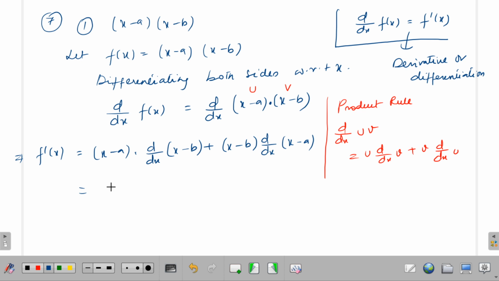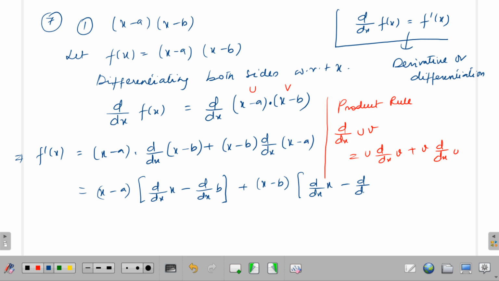Now, if I solve this one, I'll get here x minus a, and the next thing I'll get here is d by dx of your x minus d by dx of your b, and similarly plus x minus b, and the next one I'll get here is d by dx of your x minus d by dx of your a. Now, as I said, and you can see the formula, whenever there is a constant term rather than x, that means d by dx of constant is nothing more than 0.